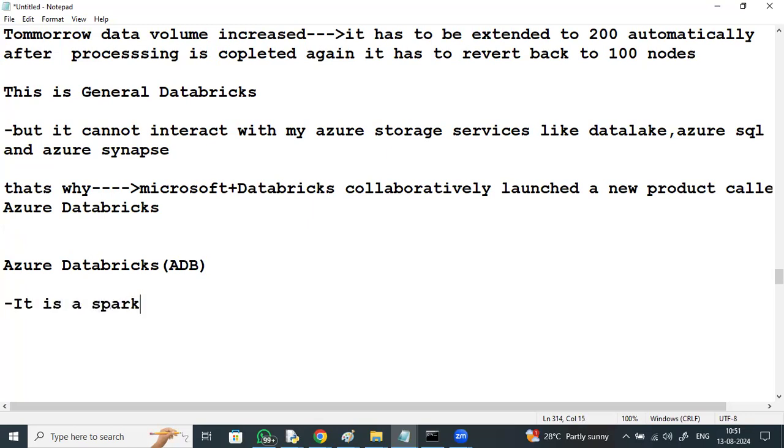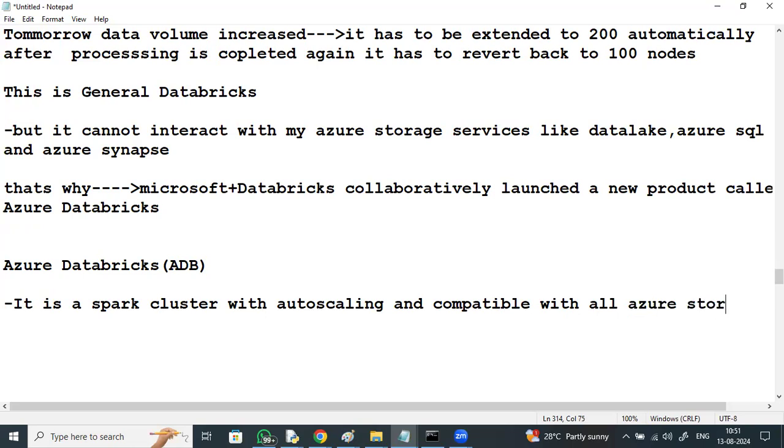It is a Spark cluster with auto scaling and compatible with all Azure storage services.